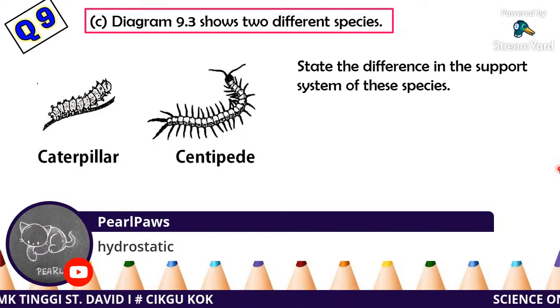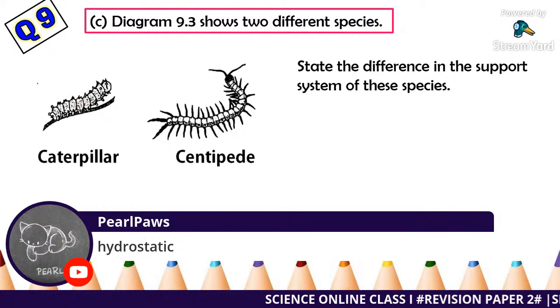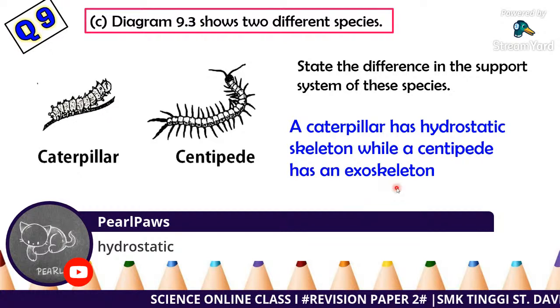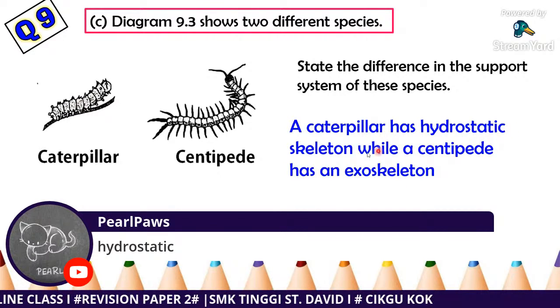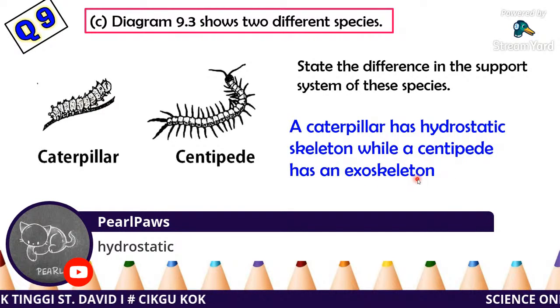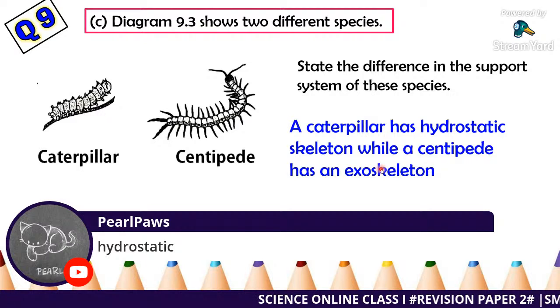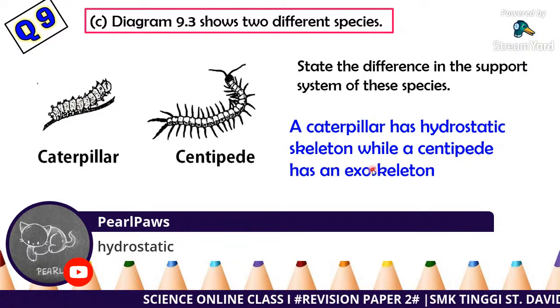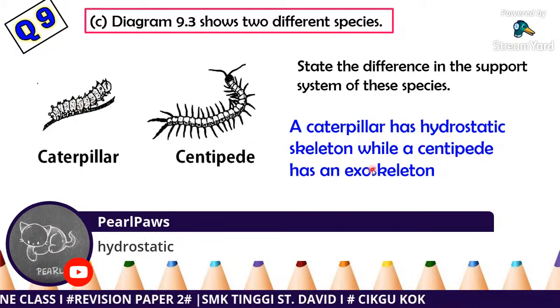Okay, we check the answer. Hydrostatic. Okay, the caterpillar is hydrostatic. That's correct. Okay, for the centipede, there's an exoskeleton, because outside they got a cover, is it? So that one is an exoskeleton. So this is the difference between the caterpillar and the centipede.